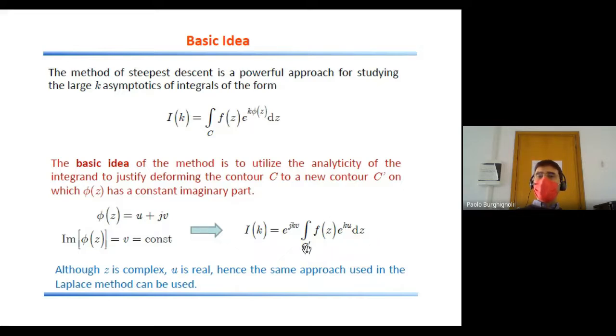So what remains inside is an exponential function in which in the exponent we have the real part u of our function phi multiplied times k, which is a real parameter. So basically now this is a real exponential. And since this is a real exponential, we may expect to be able to use the same approach for asymptotically evaluating this integral as in the Laplace method that we discussed in the last lesson. This is the main idea.